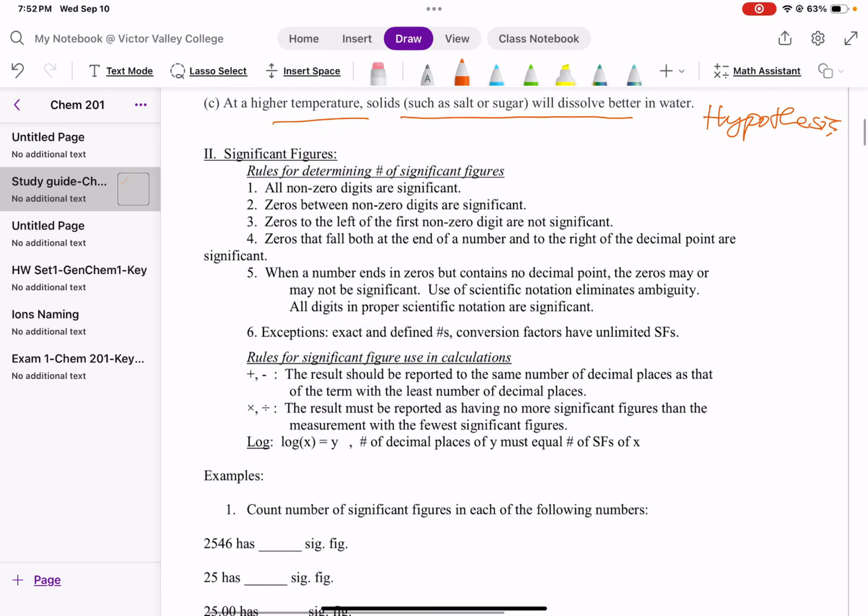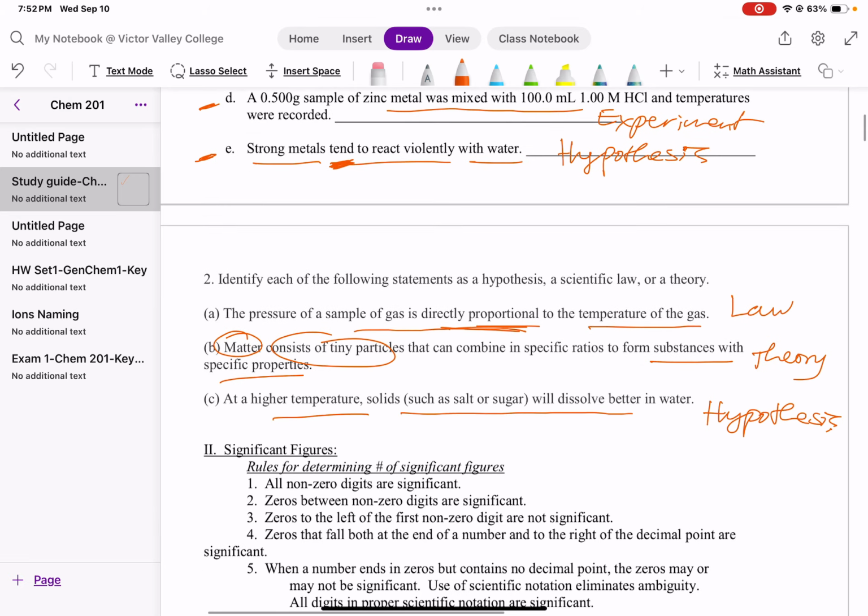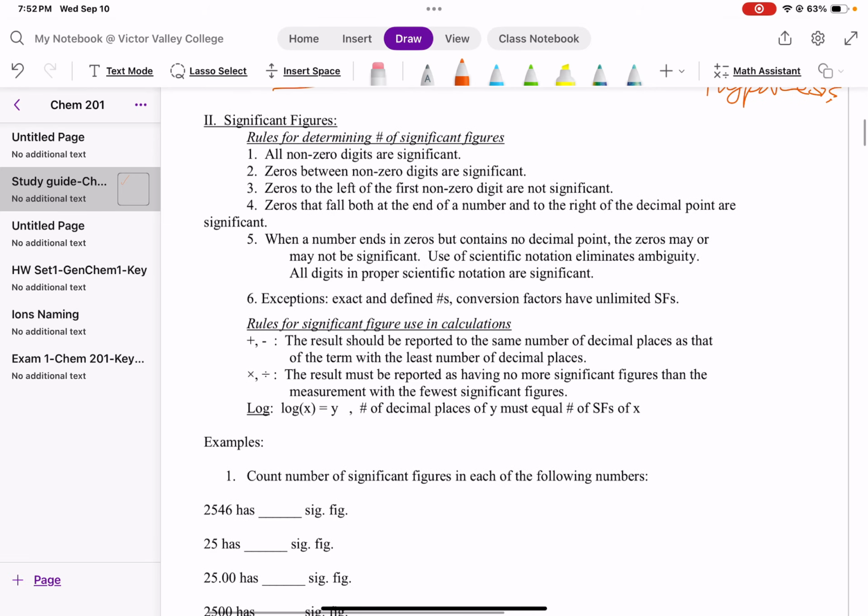Now we've got the methods done. Now, talking about numbers. When we do experiments, we always need numbers for measurements. Some numbers are important, some are not. The ones that are important, we call significant figures.